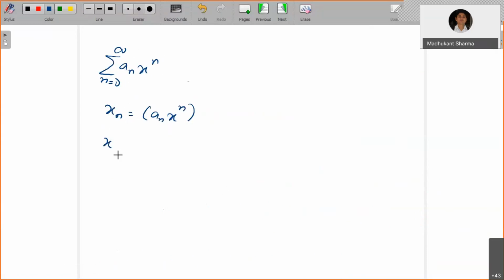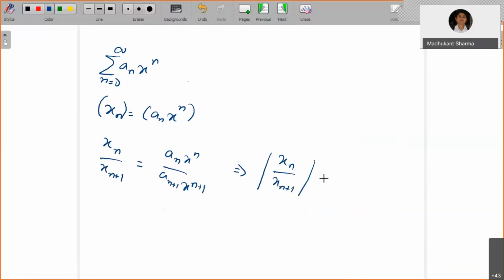Now you can talk about x_n by x_(n+1). That is going to be a_n x to the power n divided by a_(n+1) x to the power n plus 1. And this implies mod of x_n by x_(n+1) is equal to mod of a_n by a_(n+1) times 1 by mod x.